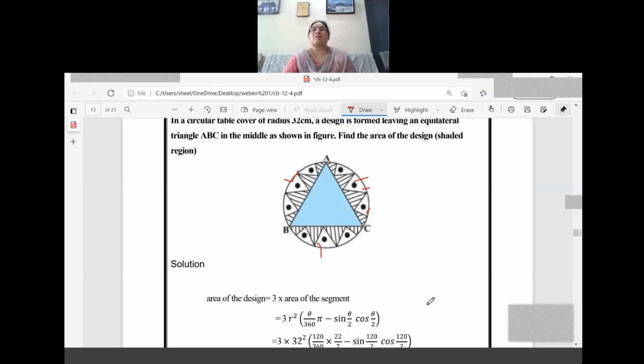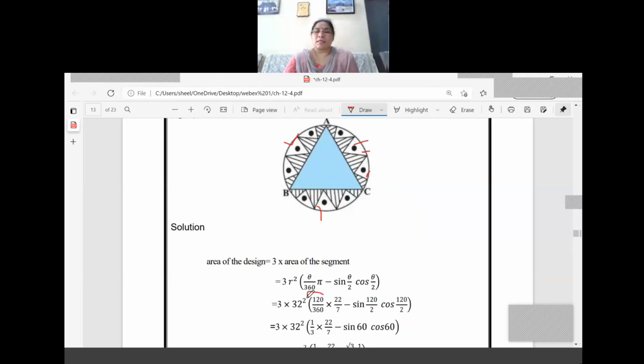So 360 divided by 3, what is the answer we are getting? It is equal to 120. So our central angle is 120. Got the point? Last time we saw 360 by 6, this time we divide by 3.